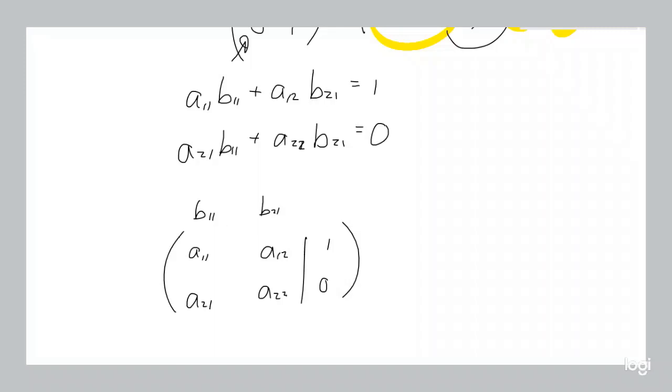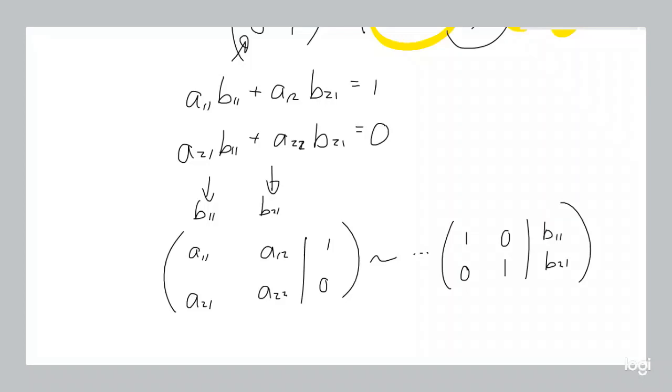We can solve this augmented matrix, put it in row echelon form, and we'll get what B11 should be equal to and what B21 should be equal to. Eventually we'll get 1, 1, 0, 0. If we do reduced row echelon form, we'll get B11 right here and B21 right here.